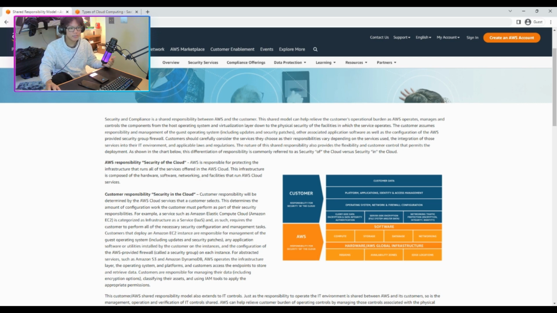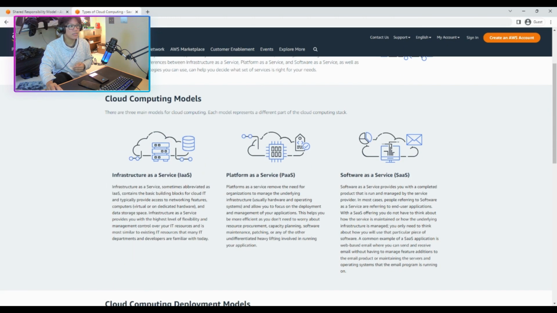But essentially, what this means is that there are three specific platforms that the shared responsibility model continuously uses, and that is infrastructure as a service, platform as a service, and software as a service.